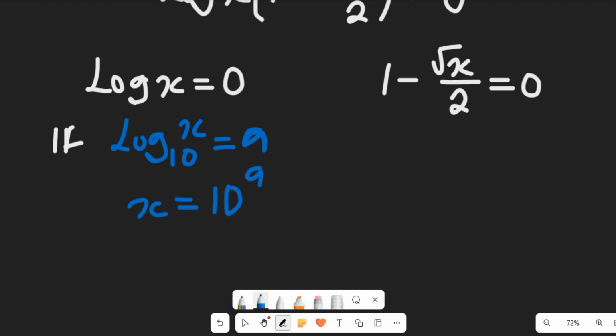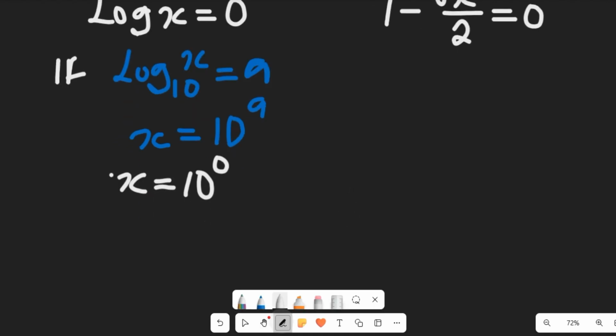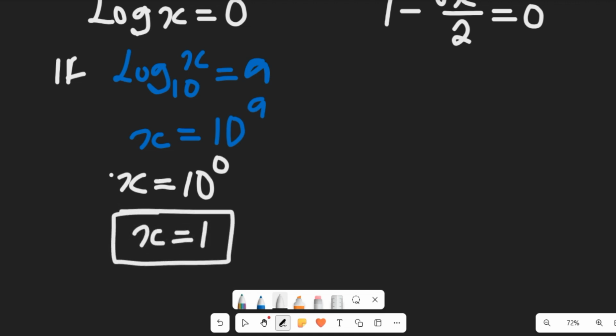So from this expression, you can agree with me that my x can be equal to 10 to the power of what? Of 0. And from here, the value of my x will be equal to just 1 because anything raised to the power of 0 is 1.